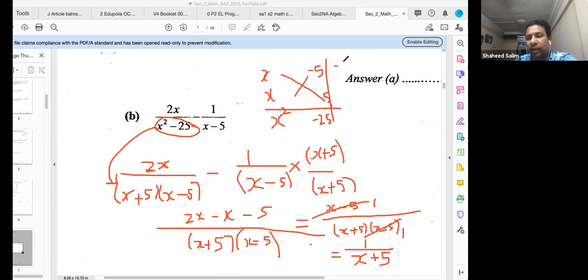X times minus 5, minus 5x. X times 5, 5x. Minus 5x plus 5x equals 0. That's why there's no center term. So then you factorize: x minus 5, x plus 5. I hope you get it. I hope it brings back some recall.